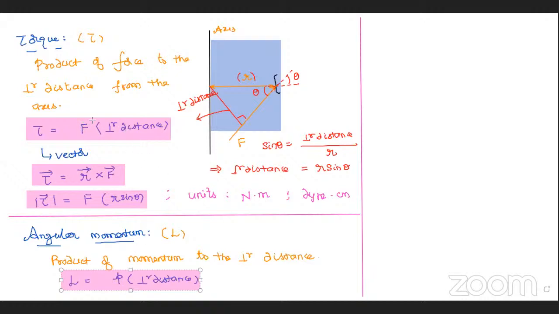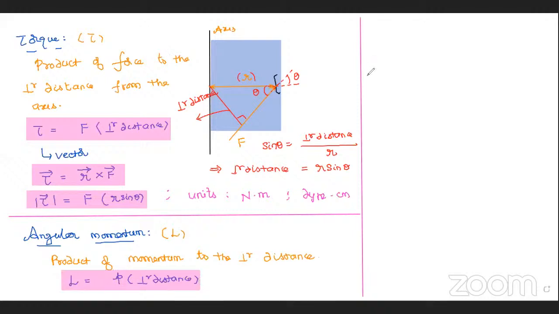There, force is a vector and perpendicular distance is a vector, so immediately you took the cross product. Even here, linear momentum is a vector and perpendicular distance is a vector, so I think you are going to take the cross product again. Am I right, sir? Yes, thumbs up. You are right, 100% correct.